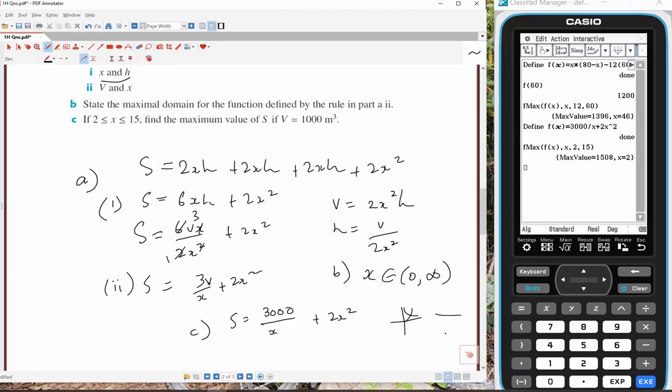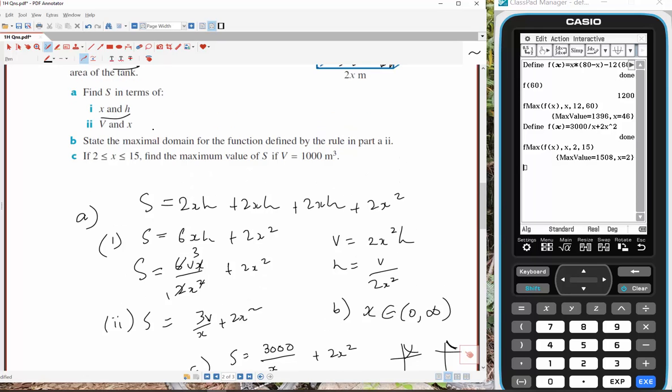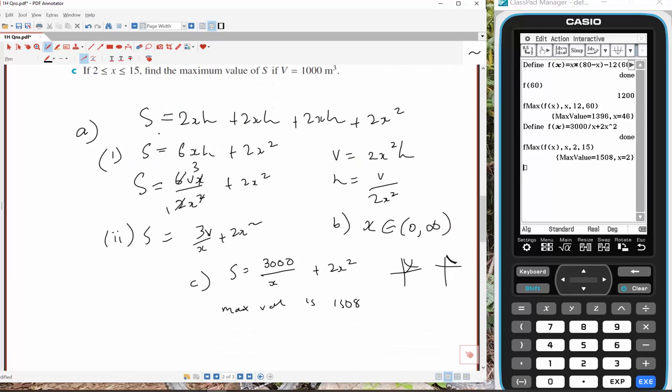I think it's going to look hyperbolic, because if you look at really large values onto a small value, I think it's going to go down like this between 2 and 15. We'll have a look at the function in a sec. So the max value is 1508. What's the unit? It's meters squared.